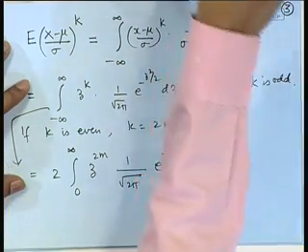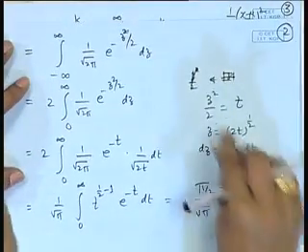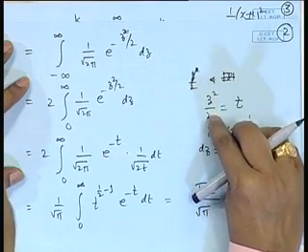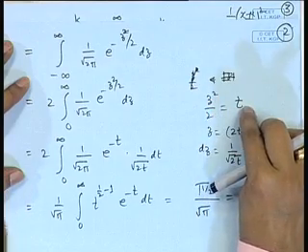At this stage, let us consider the second transformation that we made, that is z square by 2 is equal to t.